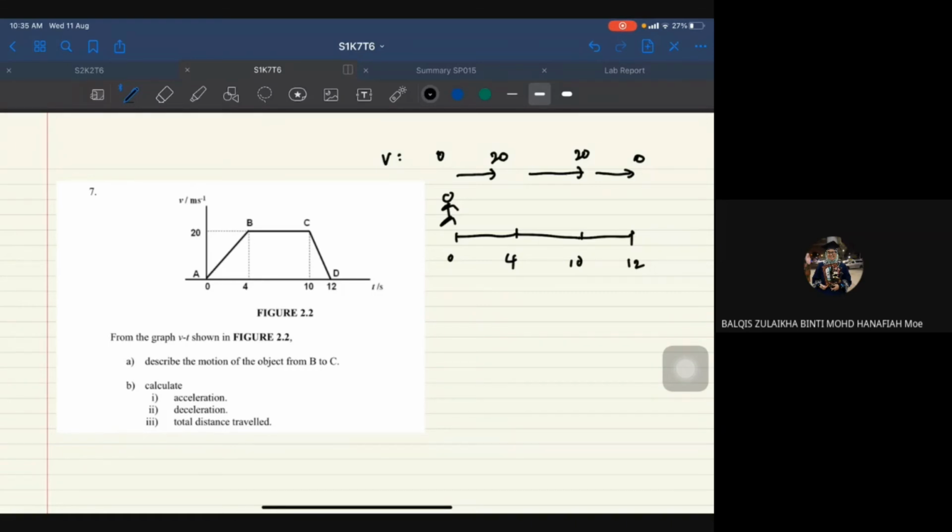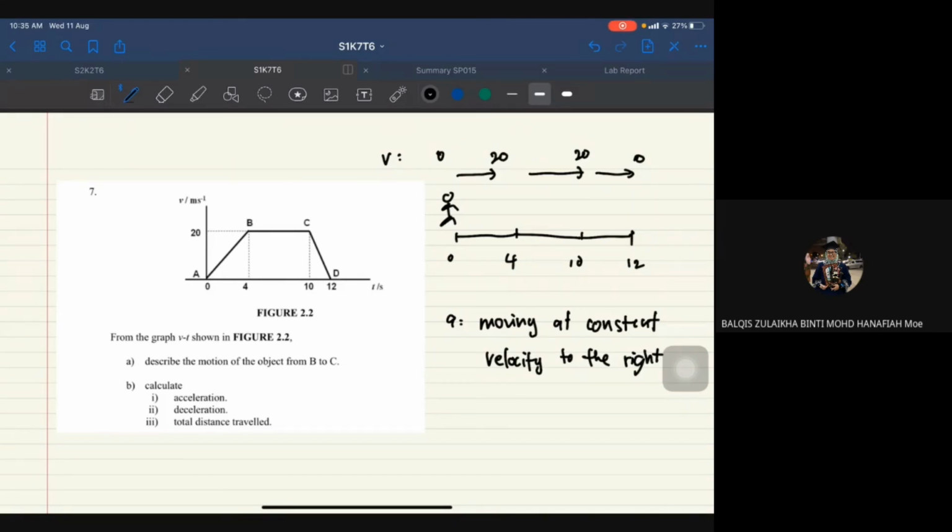So describe the motion of the object from B to C. So ini nak B to C je. So from B to C, actually the object is moving at constant velocity to the right. Okay, so kamu cakap tadi dia increase velocity.